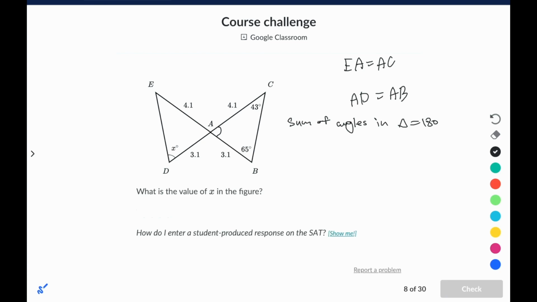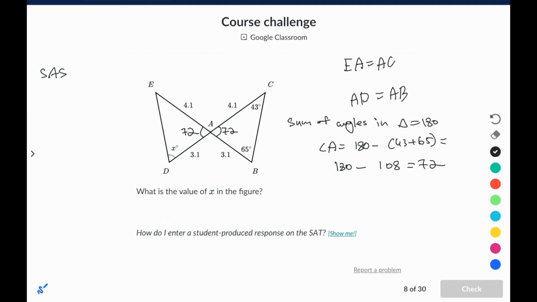So let's say this angle is 180 minus (43 plus 65), which is 180 minus 108, which is 72. So this angle is 72. And by the rule of opposite angles, we know that these two are opposite angles, so this is also 72. And now we have a property called side angle side.